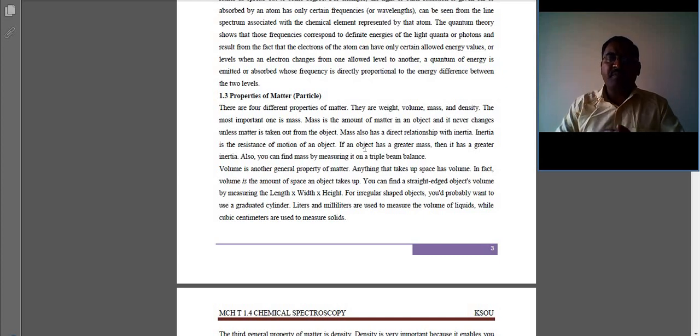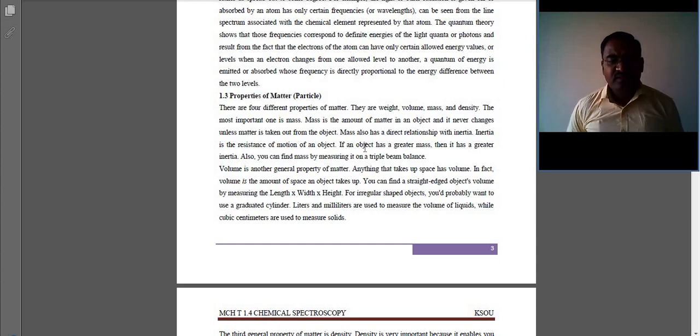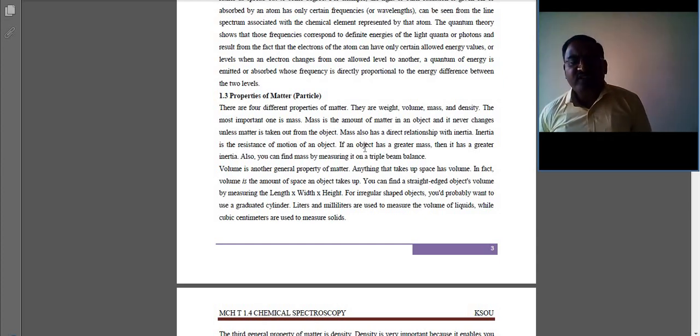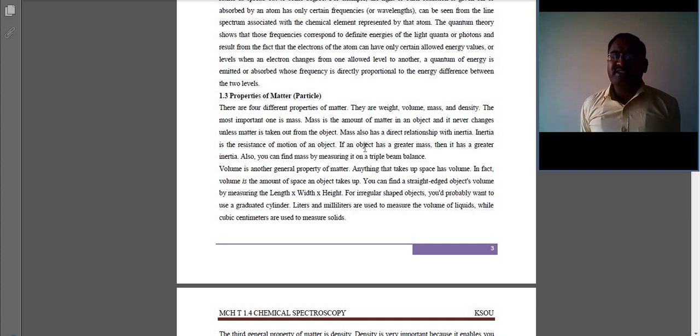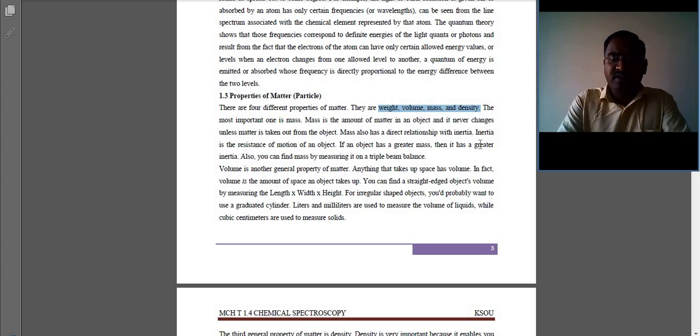What are the properties of matter or particle? There are 4 different types. You are also well aware that they are weight, volume, mass and density.